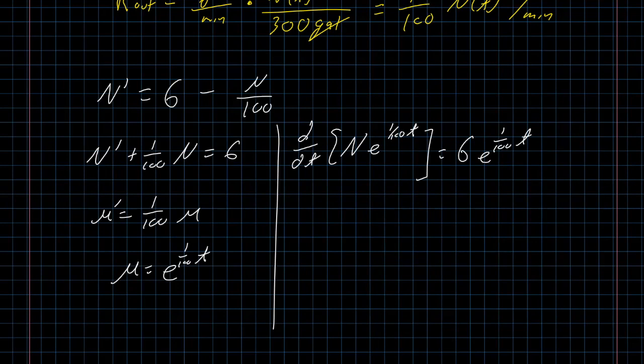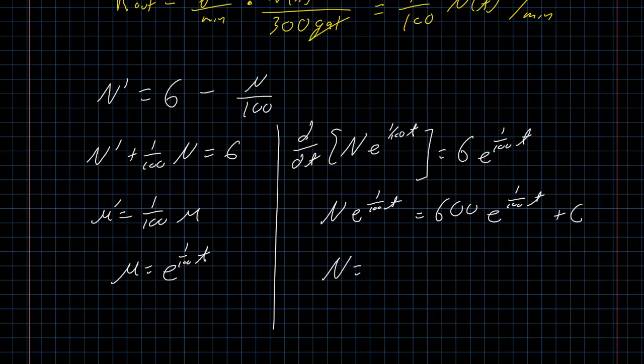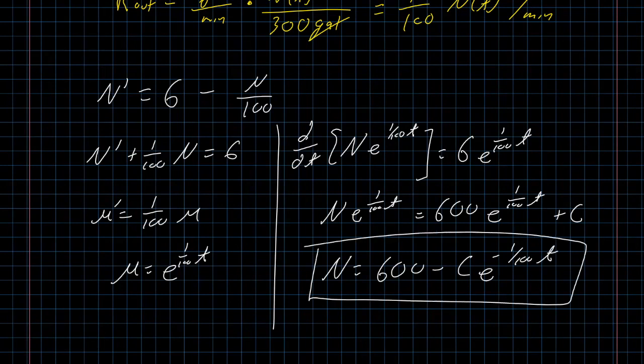Integrate both sides, and divide both sides by e to the 1 over 100 t. And we have our general solution.